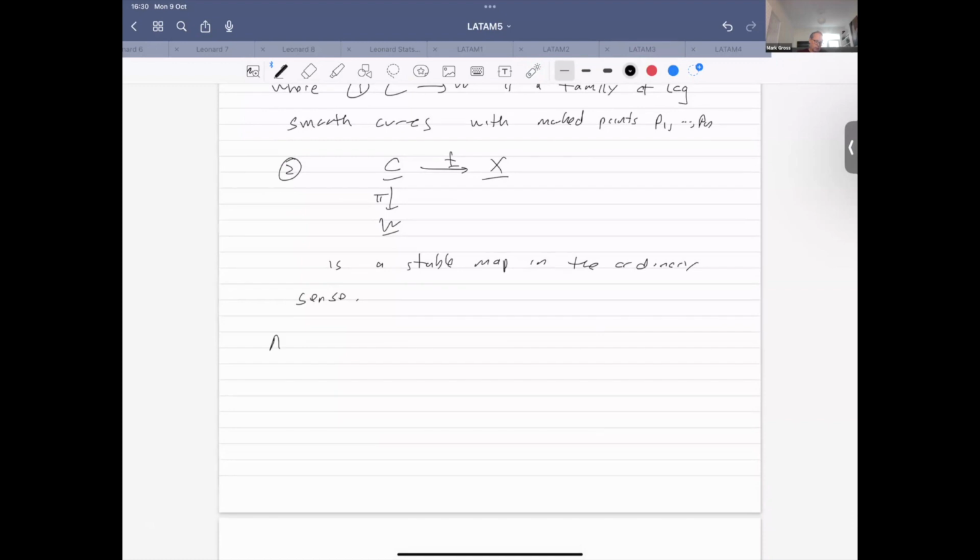So, a stable log map carries the information of contact order at a marked point.